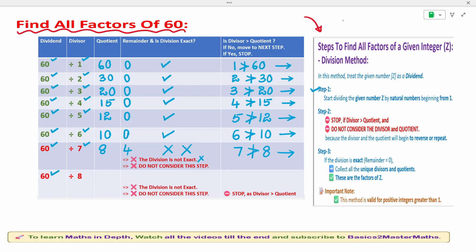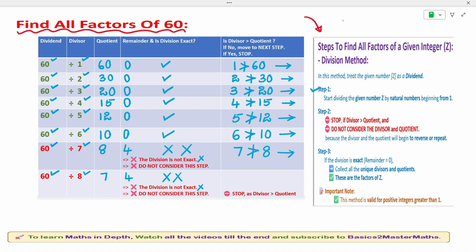When we divide 60 by 8, we get 7 as the quotient and 4 as the remainder. So, this division is not exact. Hence, please do not consider this step.